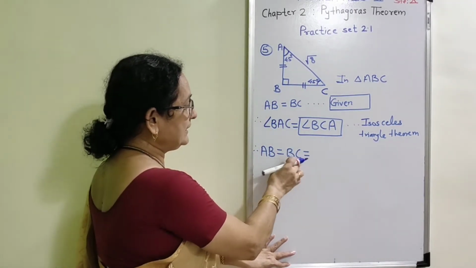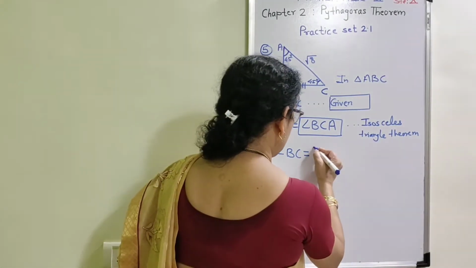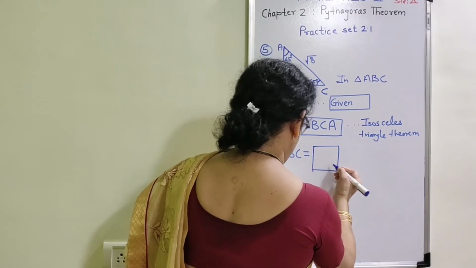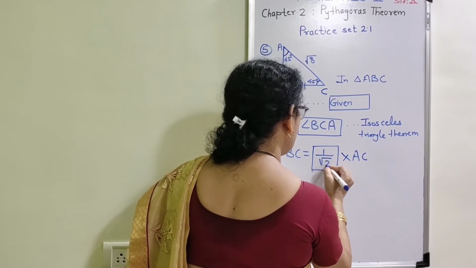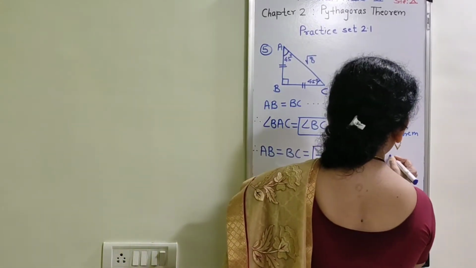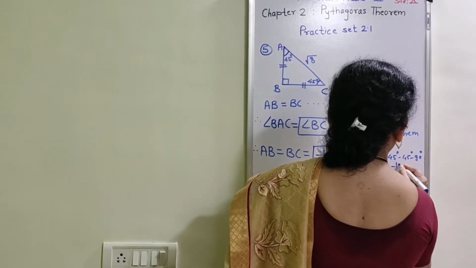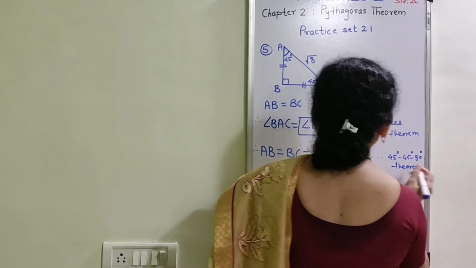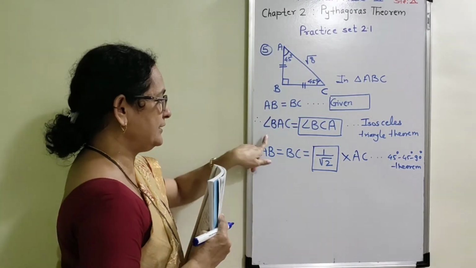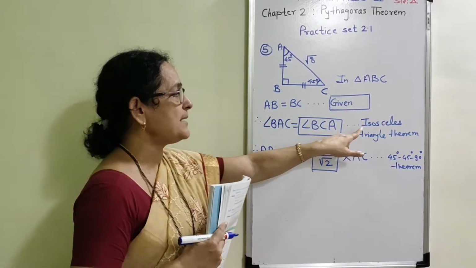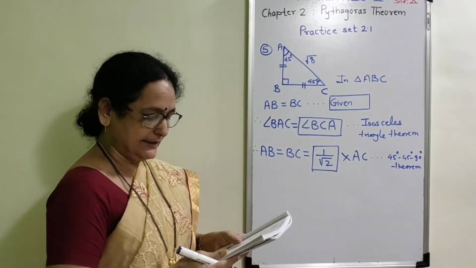They have taken directly the application of the 45-45-90 theorem, that they have given here one blank and the blank is 1 upon root 2 into AC, and the reason is the 45-45-90 theorem. Here they have not determined that the triangle is of 45-45-90 type. Since both the angles are congruent by the isosceles triangle theorem, it is clear that the triangle is an isosceles right angle triangle.